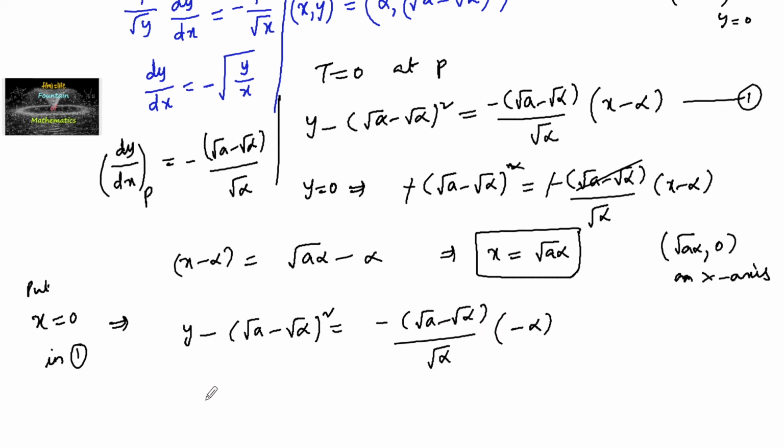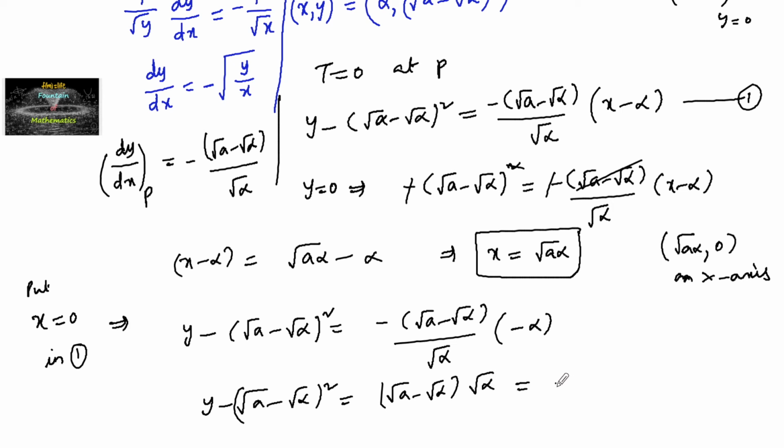Or we can write y minus of root a minus root alpha whole square is equal to minus of minus, plus root a minus root alpha into this alpha; root alpha and alpha get cancelled, and we will get root alpha here.